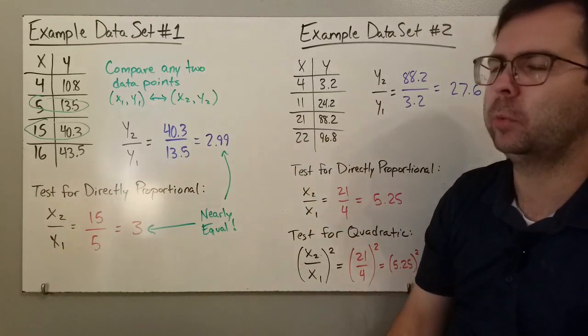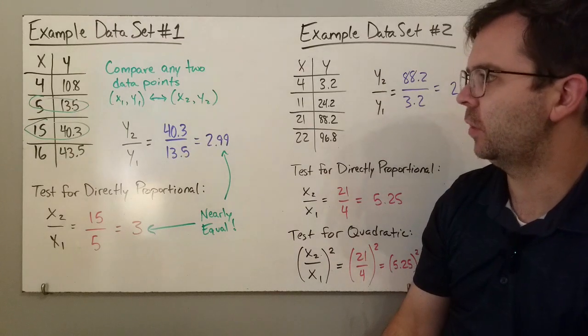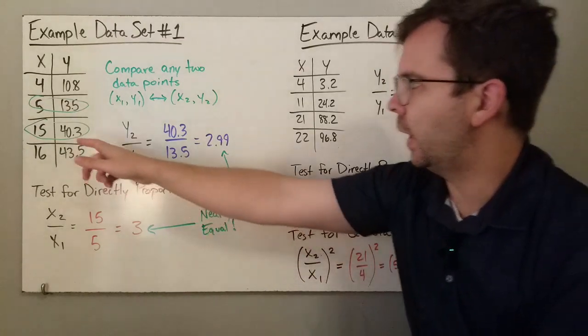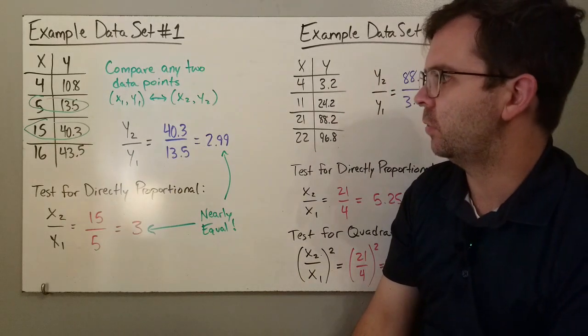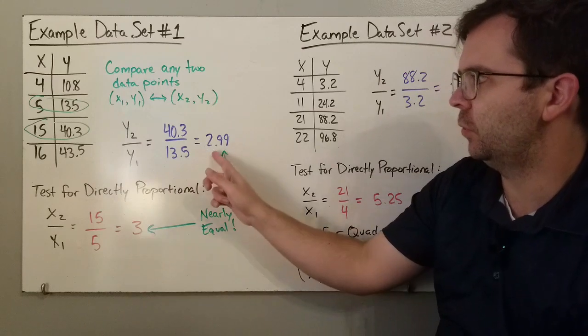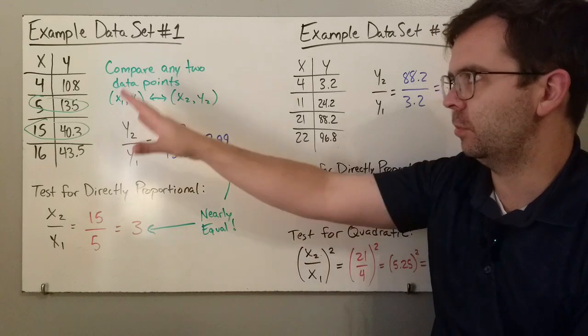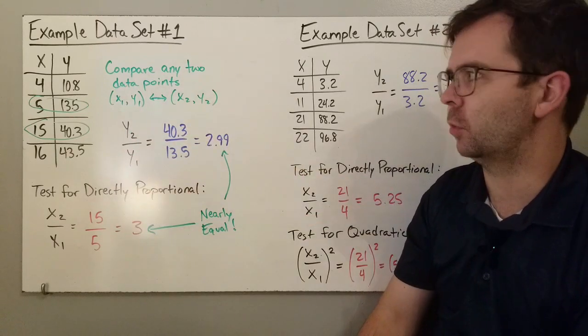That's a ratio of 2.99. If we're testing it for a directly proportional relationship, we need to do x2 over x1 to see what that ratio is, and that's 15 over 5, and that's 3. These two values are nearly equal, and so that tells me this data is in a directly proportional relationship.